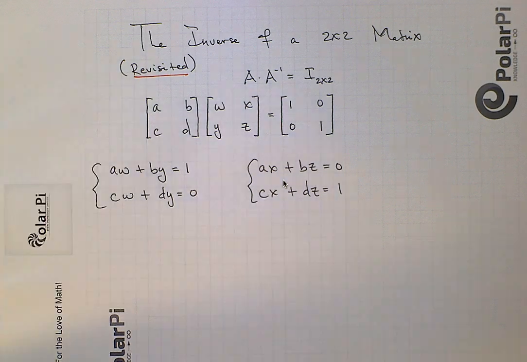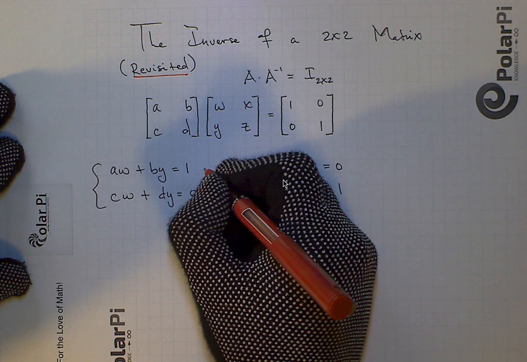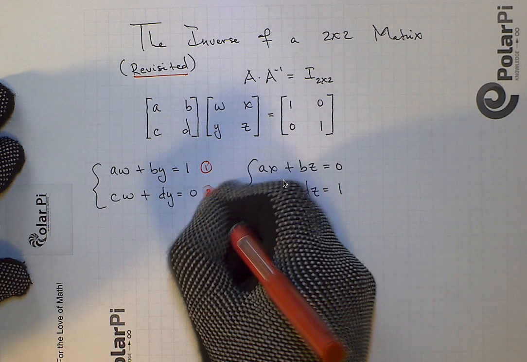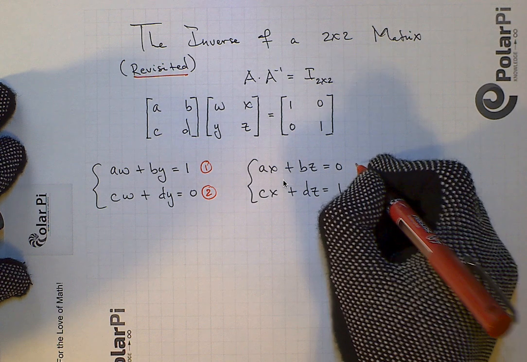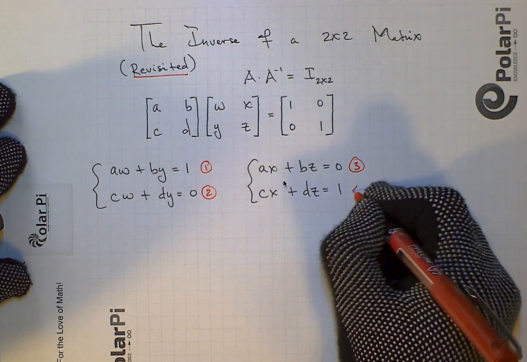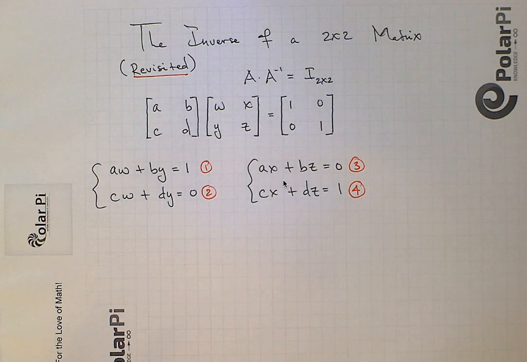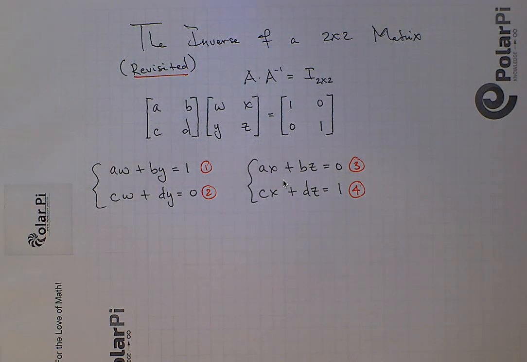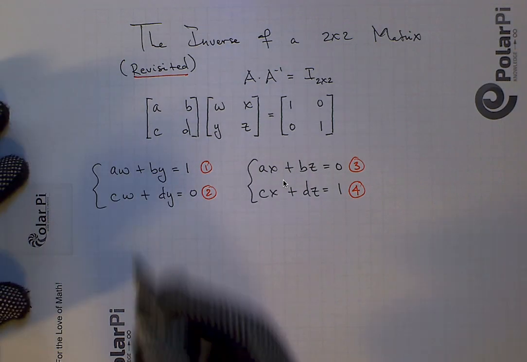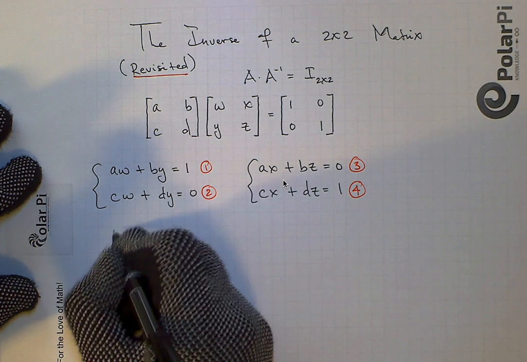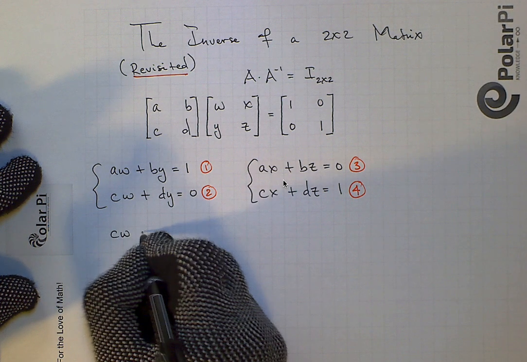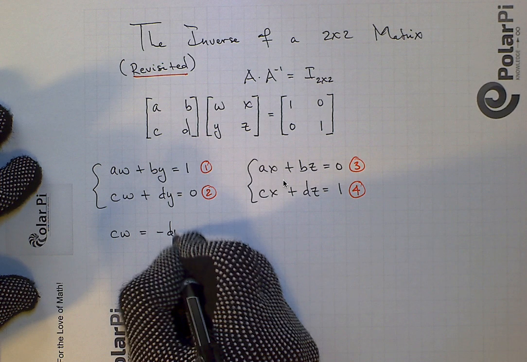And clearly we can use the 2 equations on the left, let's number them 1 and 2, to solve for W and Y. That's exactly what I'm going to do, and I'll leave it to you to use equations 3 and 4 on the right to solve for X and Z. So to solve for W and Y, I'm going to start with this second equation and write that it's the same as writing CW is equal to negative DY, which it surely is.